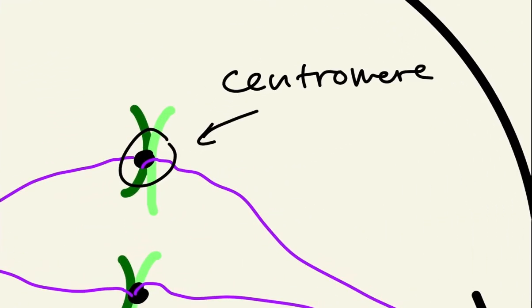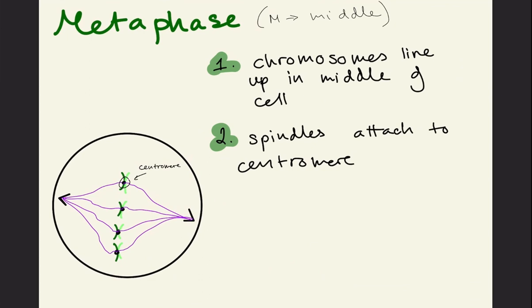The centromere is this little circle right here, and it holds the sister chromatids together, right? This is one sister chromatid, this is the other sister chromatid, and the centromere holds them together. So the spindle fibers attach to what holds the sister chromatids together. This is a bit of foreshadowing for what's to come, right? So this is all there is to metaphase. The chromosomes line up in the middle, and the spindle fibers attach to the centromere of the sister chromatids.